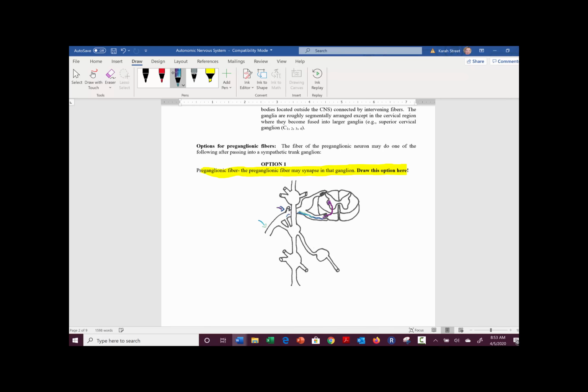So the preganglionic fiber enters the white ramus communicans and can synapse on a postganglionic cell body at that level. So that's option 1. It can stay at that level and enter the sympathetic trunk.